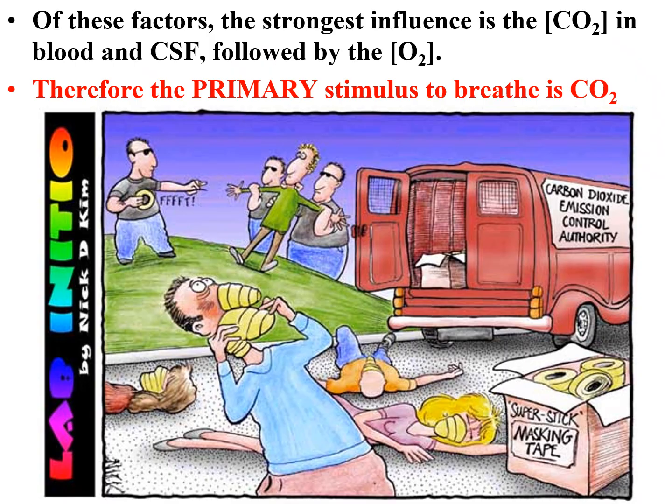Now, out of all of these factors that we talked about, the oxygen level, carbon dioxide, pH, and irritants, by far the strongest influence for respirations is the carbon dioxide concentration within our blood and cerebrospinal fluid. That is followed by the oxygen concentration.